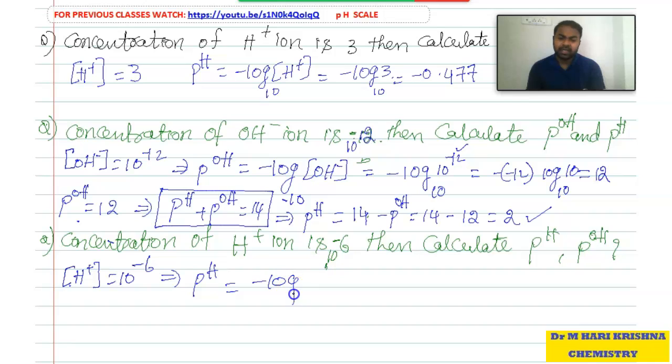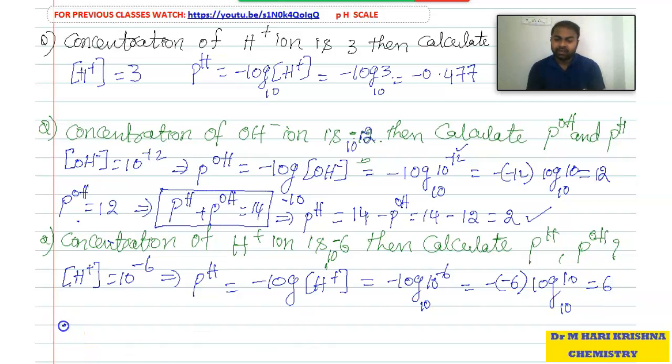So the negative logarithmic value of concentration of H plus equals the negative logarithmic value of 10 power minus 6. So the power we can write in front of log. So minus into minus plus 6, log 10 base 10 is 1. So we got a pH value of 6.